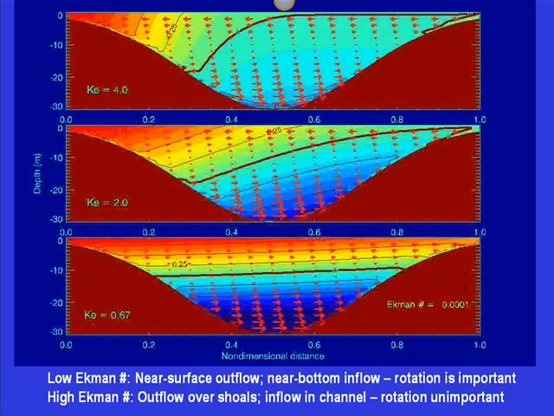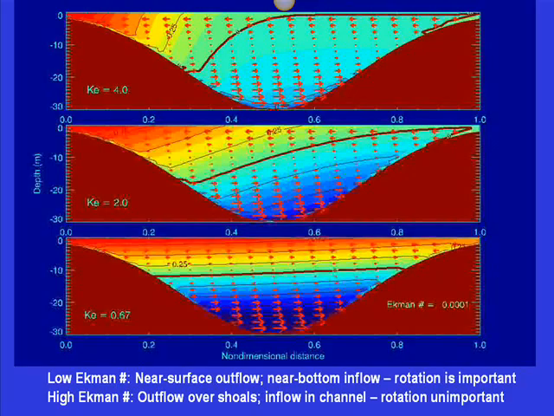Internal radius of deformation tells us whether the effects of rotation are appreciable or not. So if you have a narrow channel, you might not be able to see the effects of rotation. But that depends on how you define narrow. So you can use a non-dimensional number to define whether it's narrow or not.